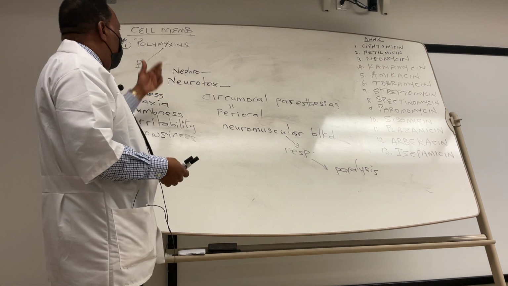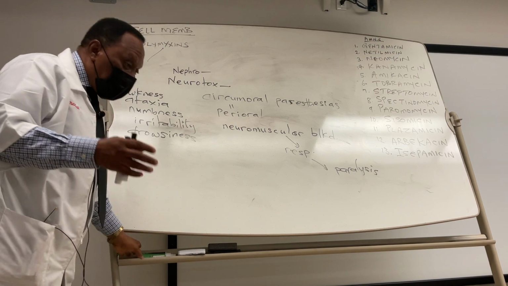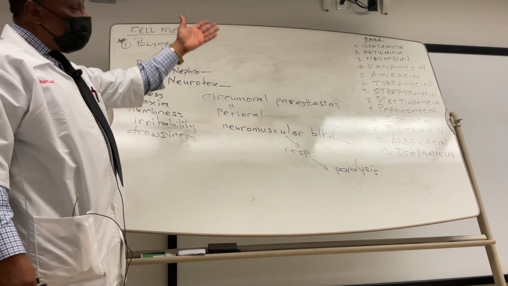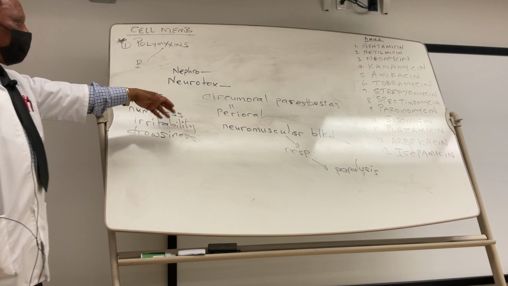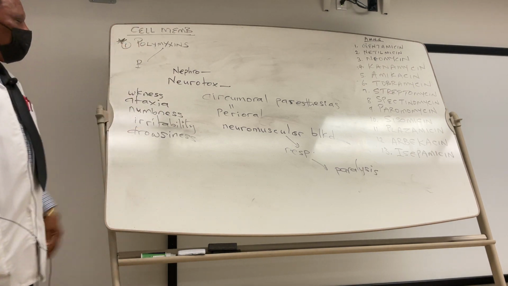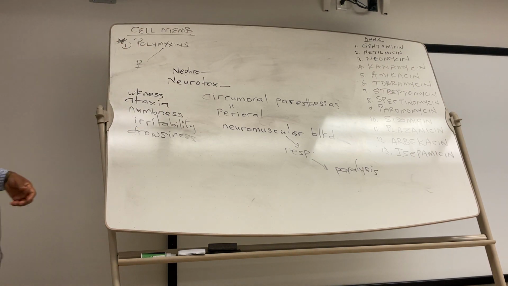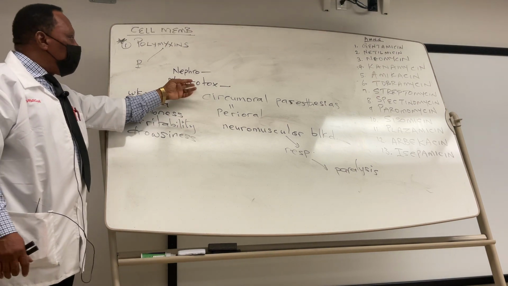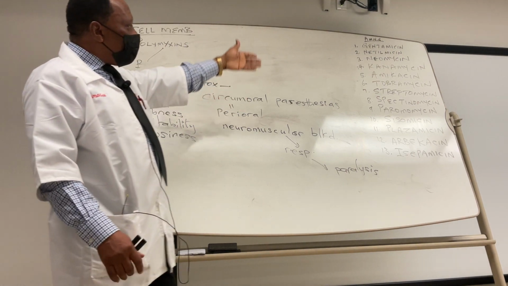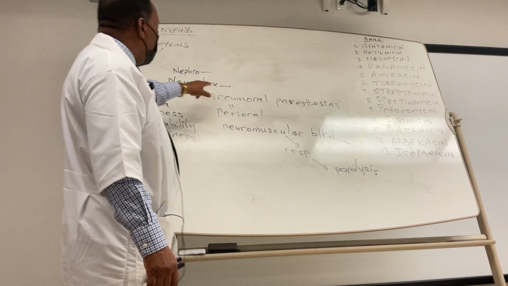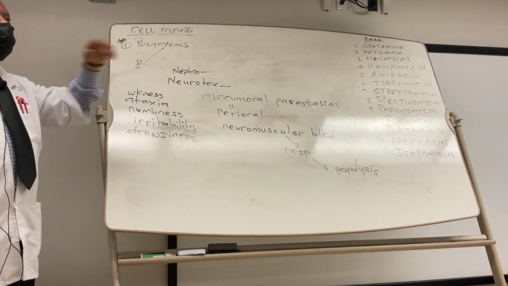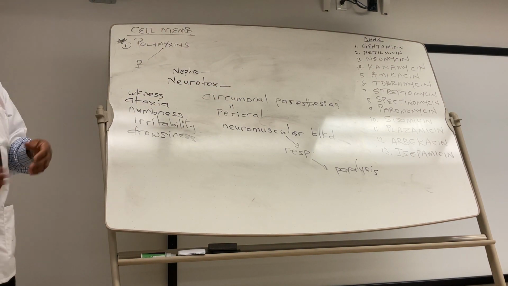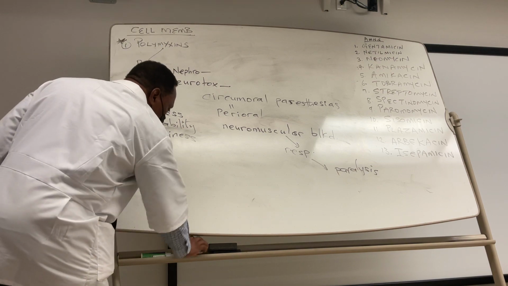And then with your aminoglycosides, which is the next group we're going to discuss. Regarding neurotoxicity, if you give polymyxin concurrently with an aminoglycoside, you can also get additive neurotoxicity. Okay.